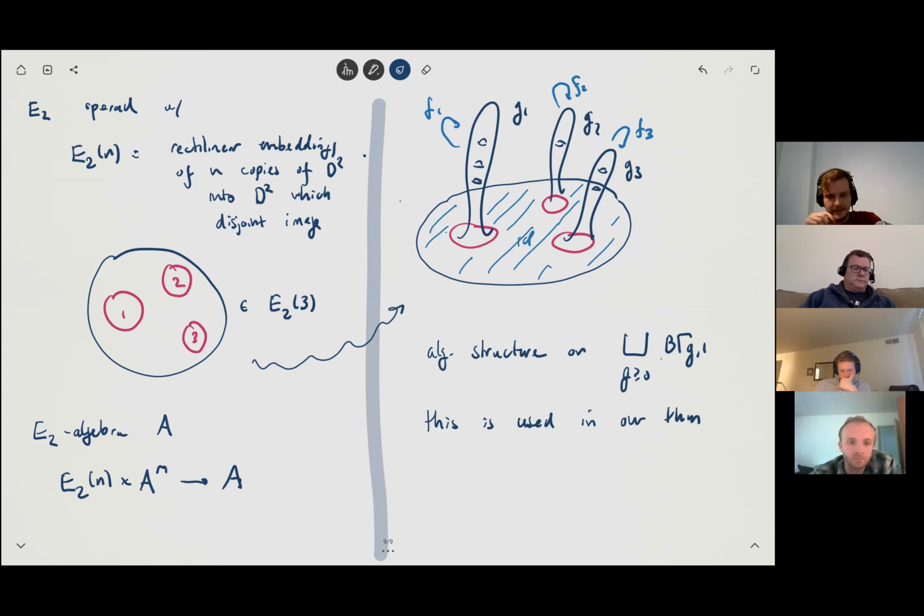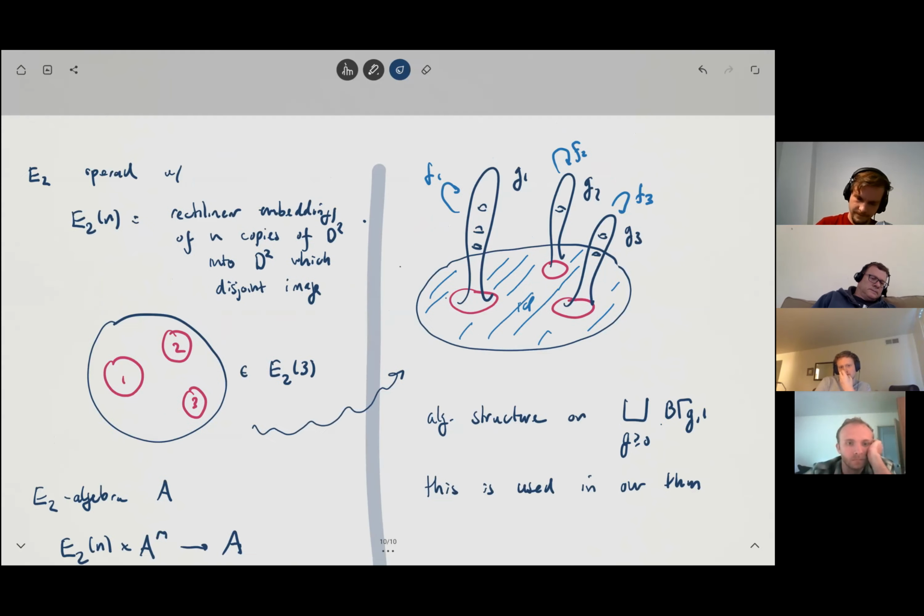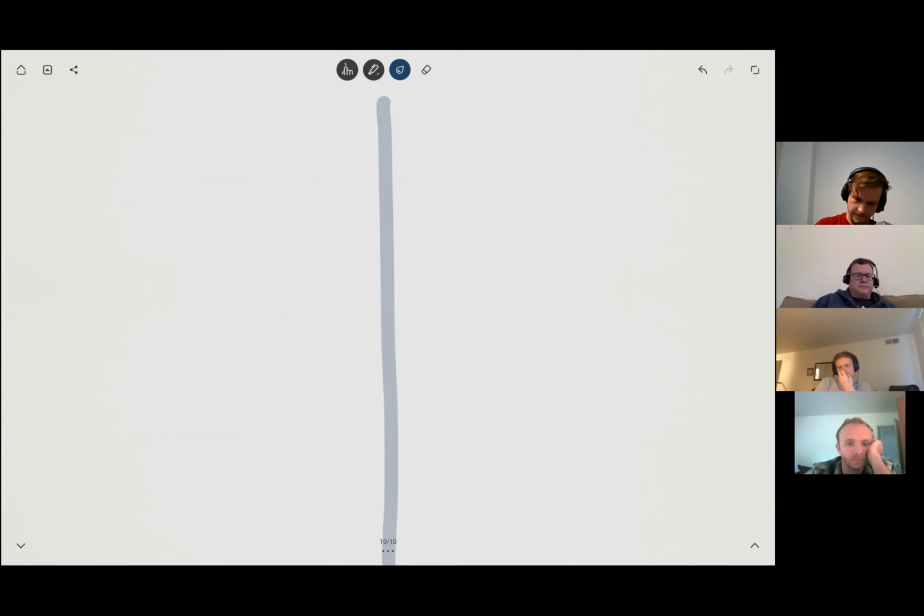Okay, so I'm just going to give you the barest outline of how it's used, but maybe you'll see where some interesting homotopy theory is going to come in. So what's the strategy?